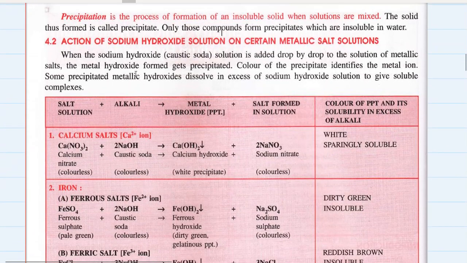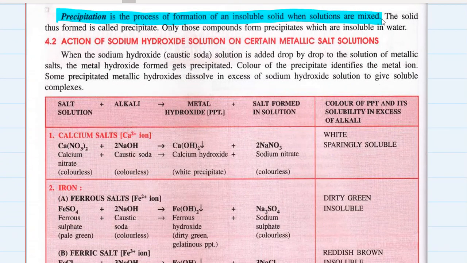You know what precipitation is already. Precipitation is the process of formation of an insoluble solid when solutions are mixed. So when a solution of your alkali, that is your reagent, ammonium hydroxide or sodium hydroxide, is mixed with the given sample of unknown solution which contains an unknown metallic ion, a precipitate will form.